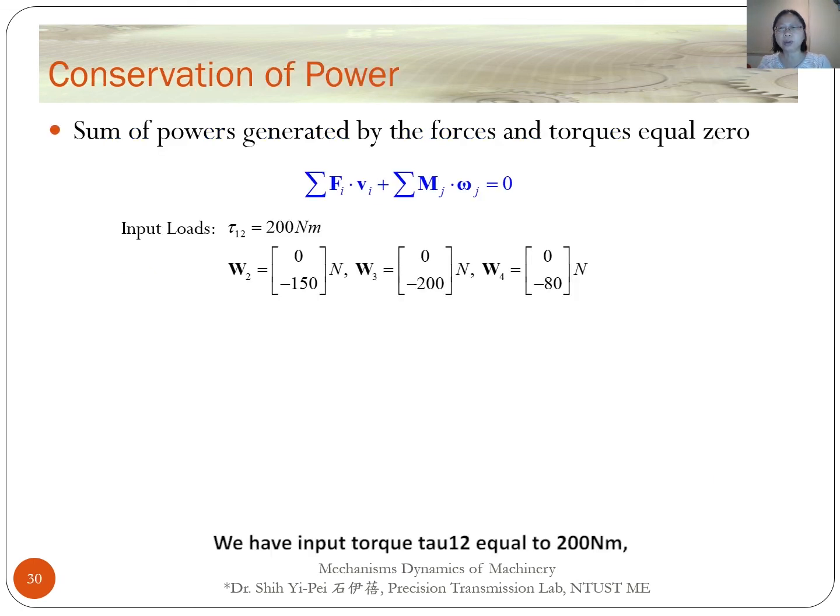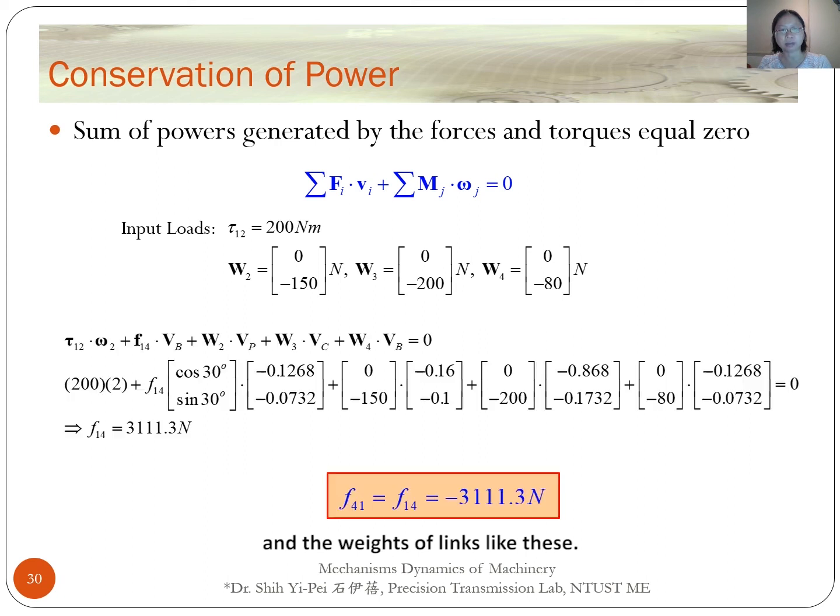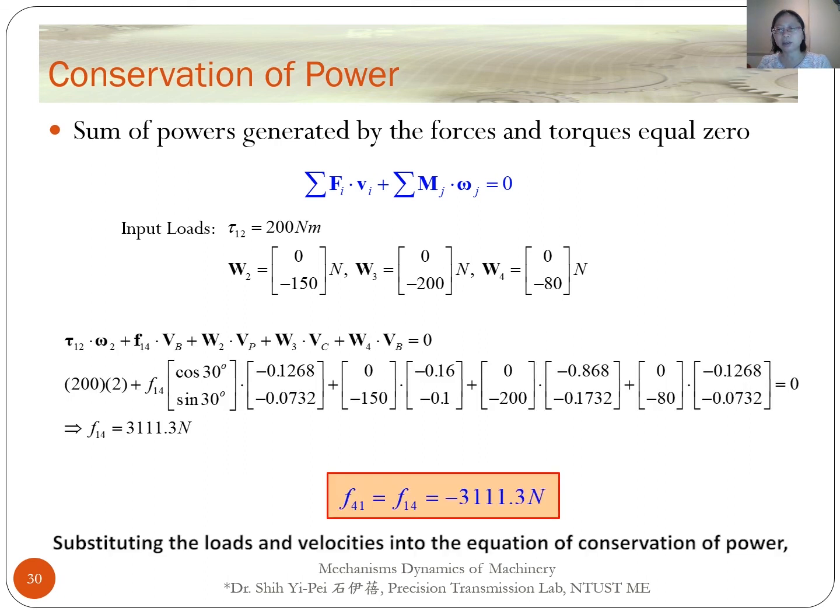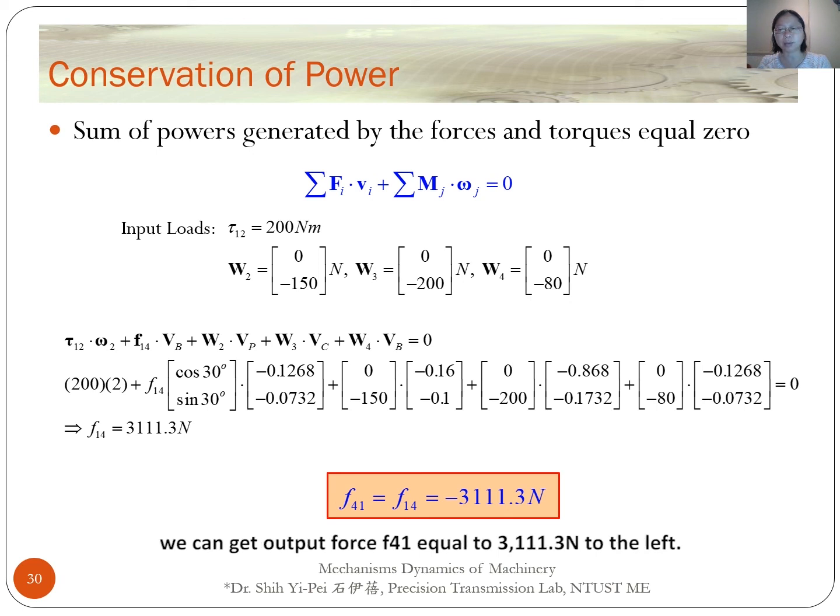We have input torque tau12 equal to 200 Nm and the weights of links like this. Substituting the loads and the velocity into the equation of conservation of power, we can get output force F41 equal to 3100 Newton to the left.